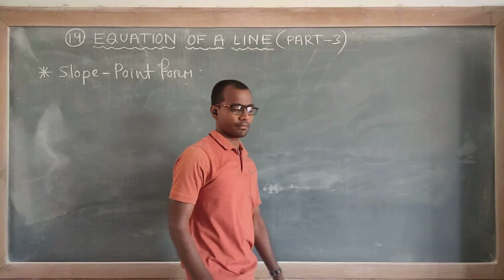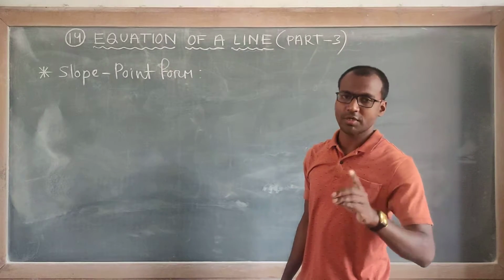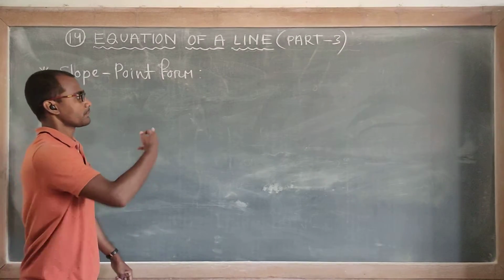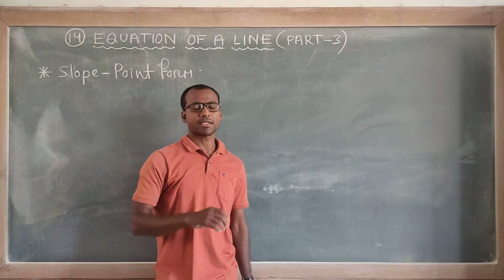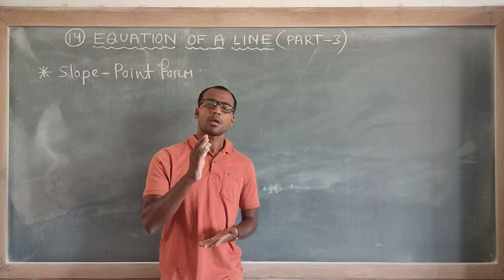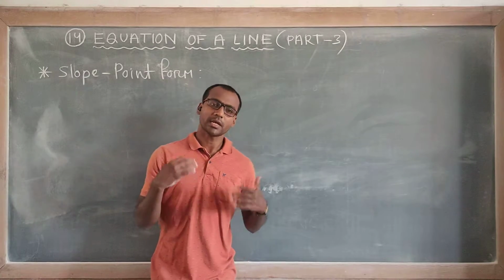Okay, this is the second form. Here we will need the slope of the line and we will need 1 point. That can be any point. Previously I have taken specific points, special points on the y-axis only. 0, 2, 0, minus 2, these are points on the y-axis. These are special points.